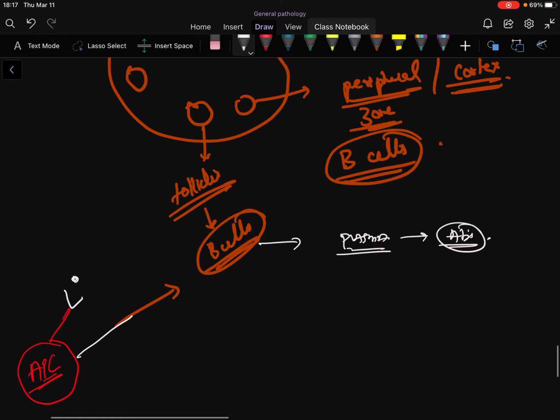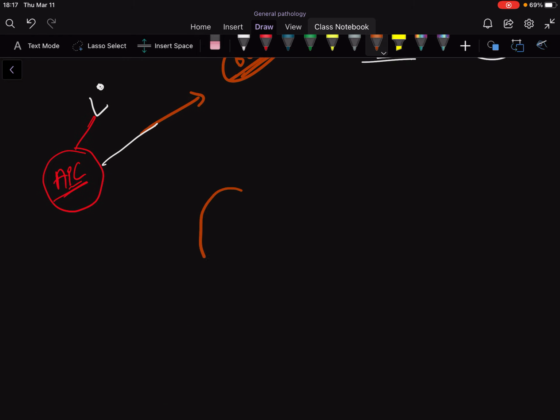Not only that, so here is the follicle, right? I have taken a part of the peripheral cortex. So here is the follicles. Once they are activated, they will form this small central area. This central area is called the germinal center.